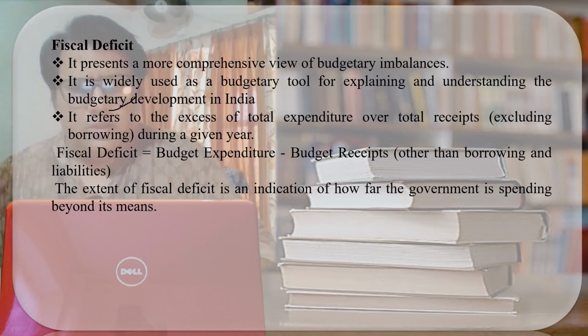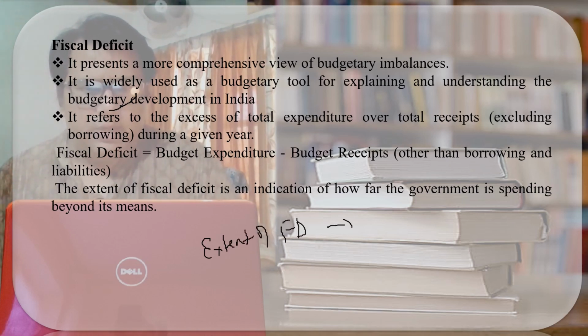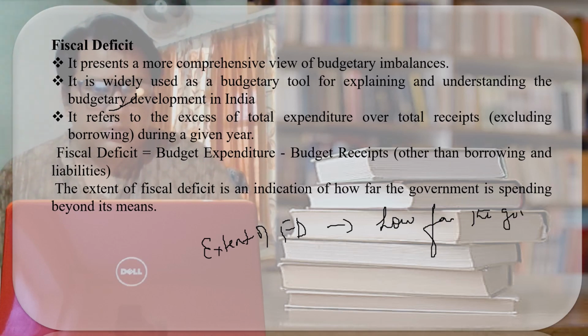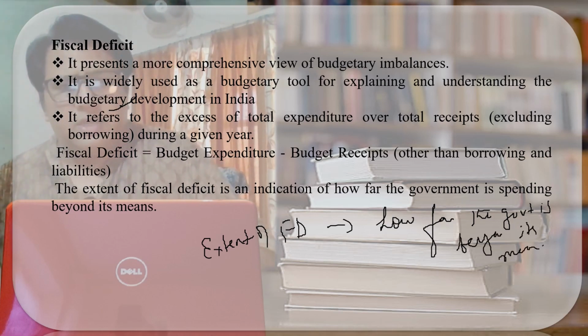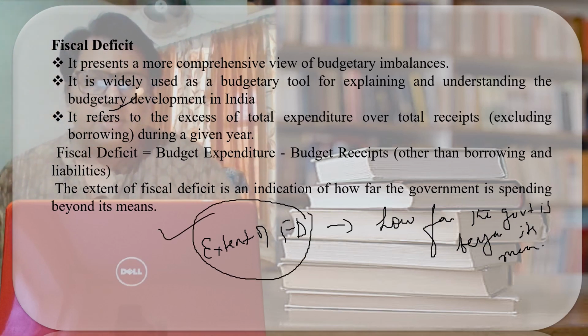Always remember, the extent of the fiscal deficit indicates how far the government is beyond its means. In very simple words, the fiscal deficit tells the borrowing requirement of the government. It tells us how much money the government has to borrow.